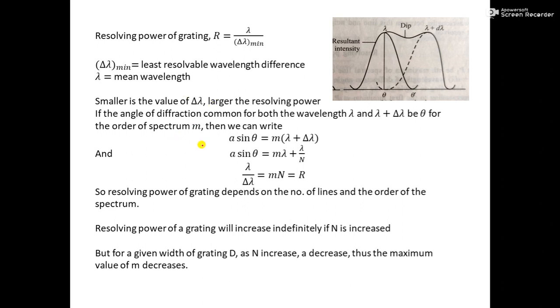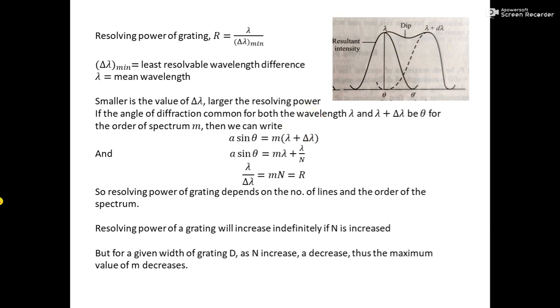According to the Rayleigh criterion, if the principal maximum corresponding to wavelength lambda plus delta lambda falls on the minimum of the wavelength lambda, then the two wavelengths lambda and lambda plus delta lambda are said to be just resolved.